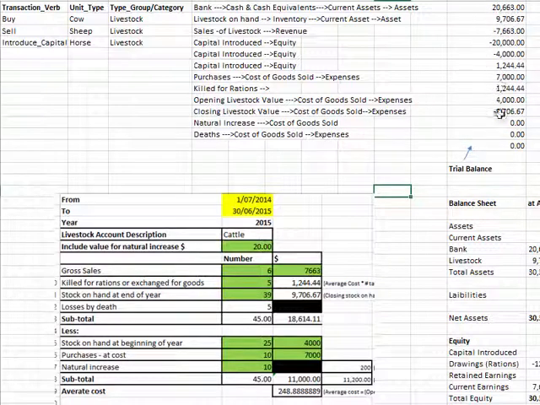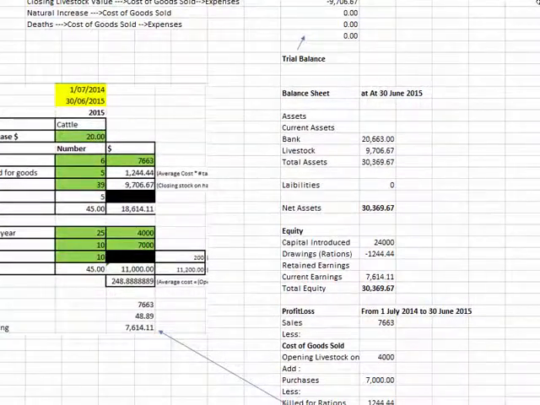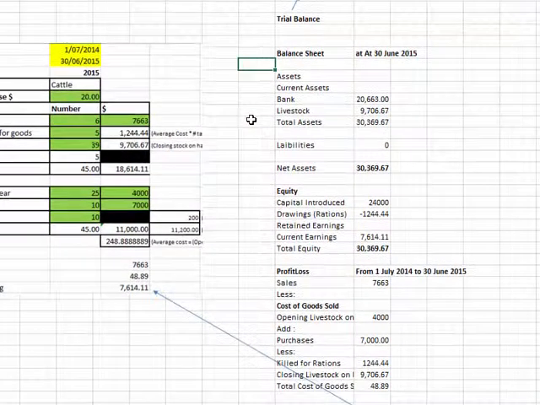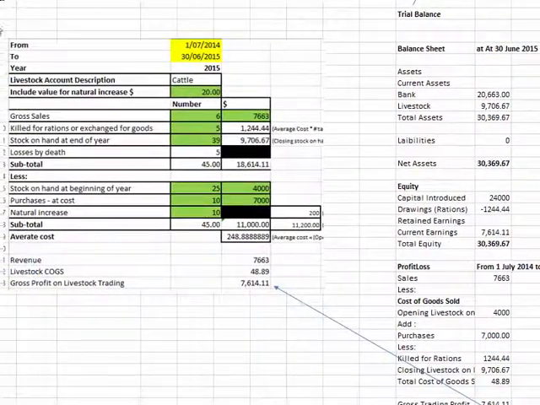Okay, so notice the positive and negative numbers as I mentioned, and then what we can do is we can come down from there and have a look and see how that plays out in our balance sheet. So we've got our bank balance. This is all as at 30 June 2015. We've got our closing livestock value, and we can check that off.